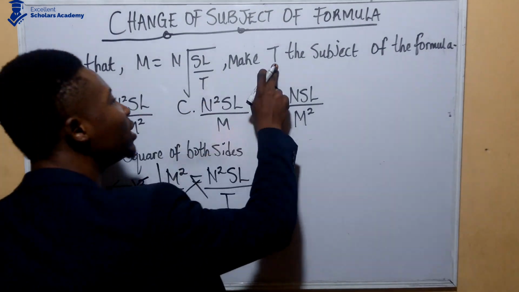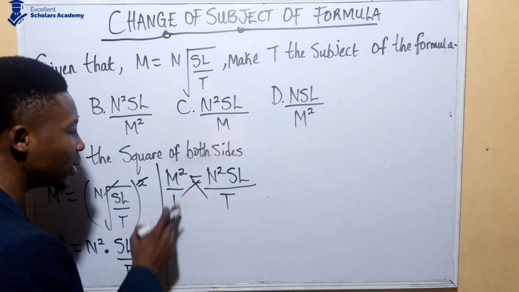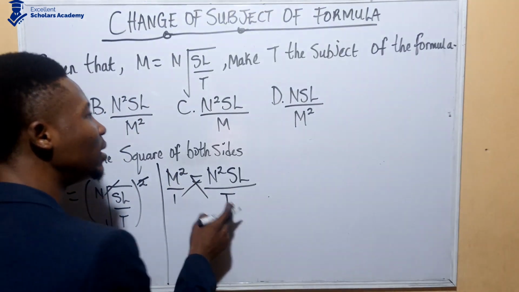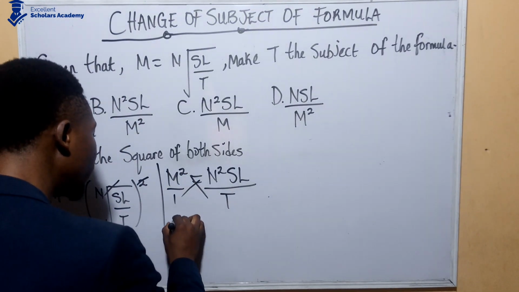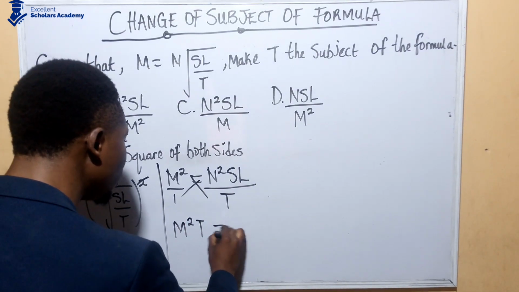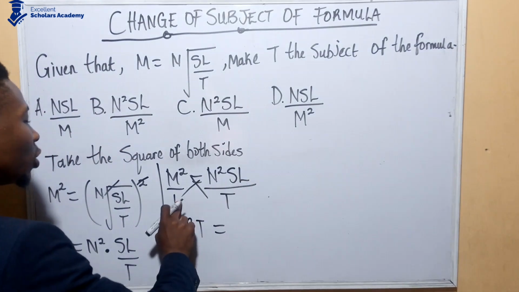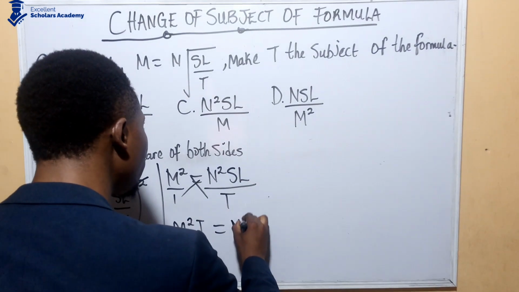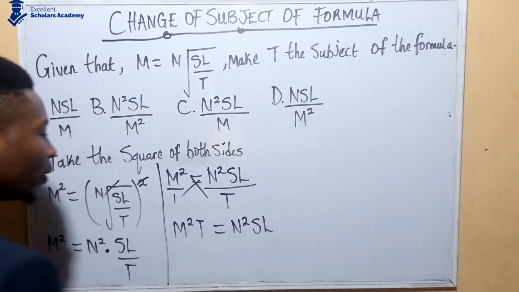Your goal is to make T the subject of formula, so focus more on T. M squared times T gives M squared T is equal to N squared SL multiplied by 1, which gives the same N squared SL.